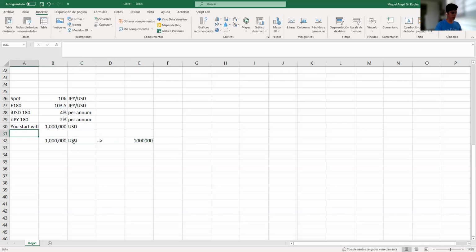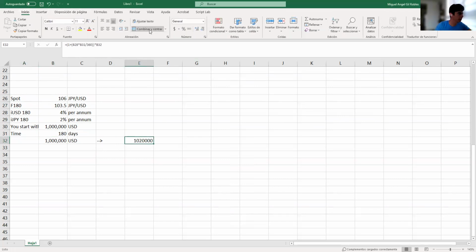Of course, because I don't have time in here, I get 0. But the time, where do I get the time from? From here, because it says that the forward is in 180 days, or the interest rate of 180 days, it's time 180 days.